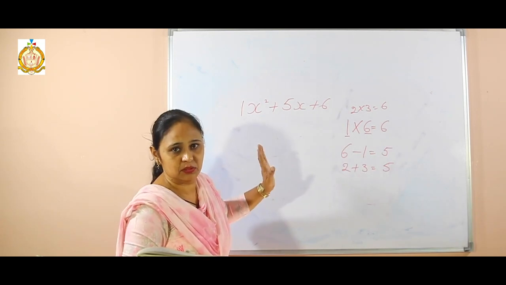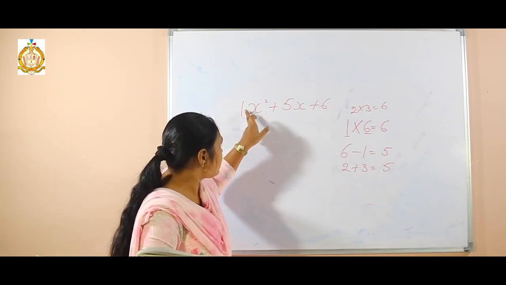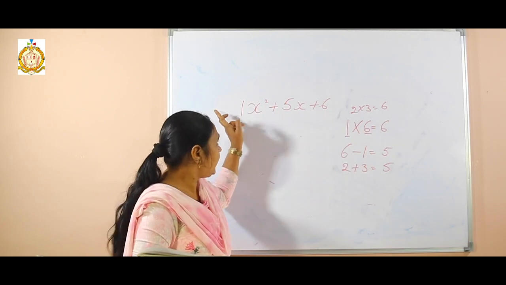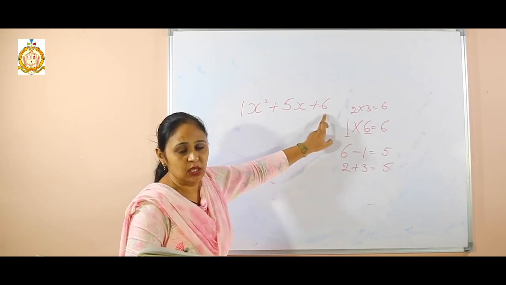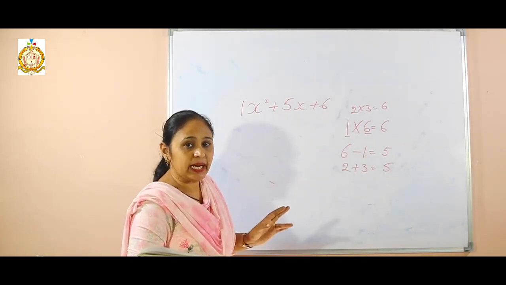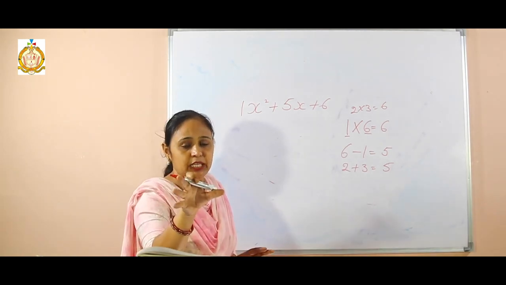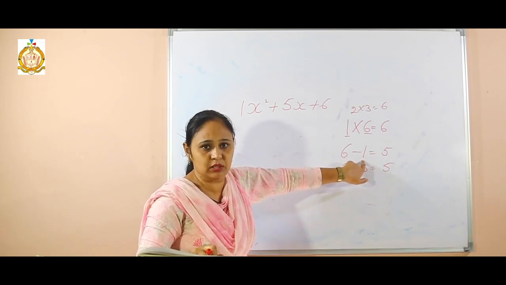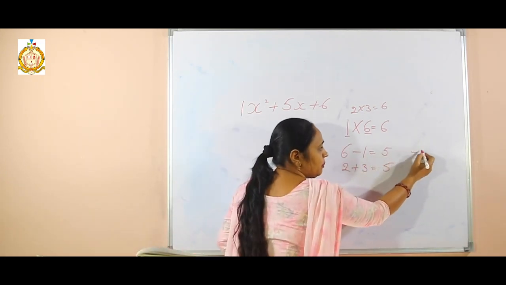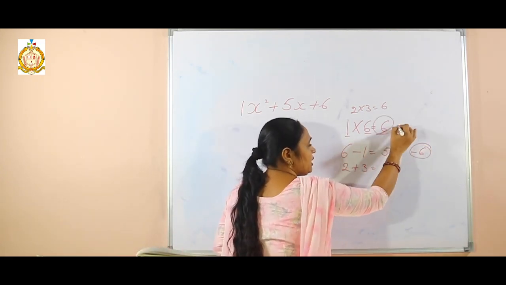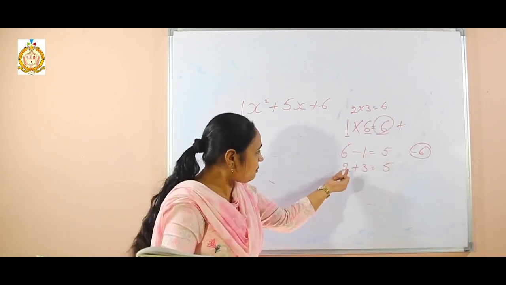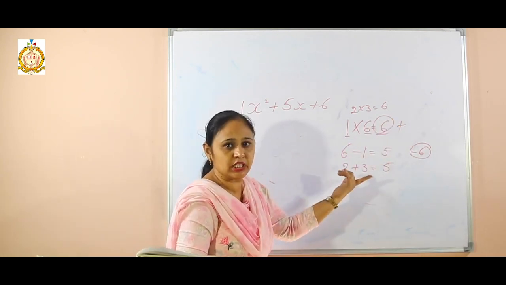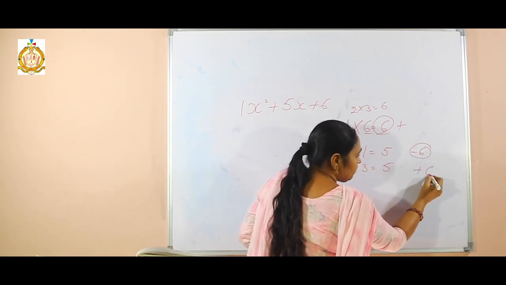I need 5. Okay, but see, if I multiply 1 with 6, it is positive, and this is also positive. Positive, positive becomes positive. That means the factors I am taking in between should also be positive. If I multiply 6 and minus 1, it becomes minus 6. But my answer is positive. If I multiply 2 with 3, both are positive, then the multiplication becomes plus 6.